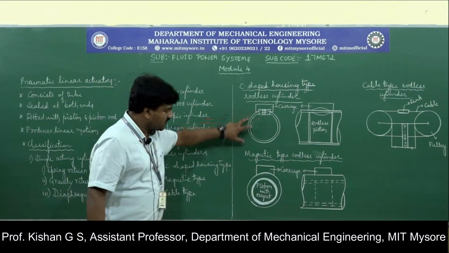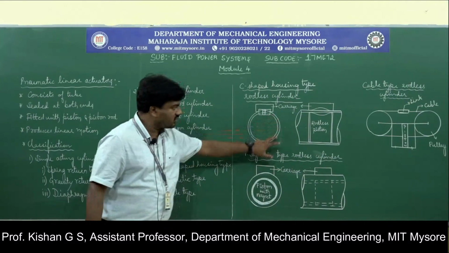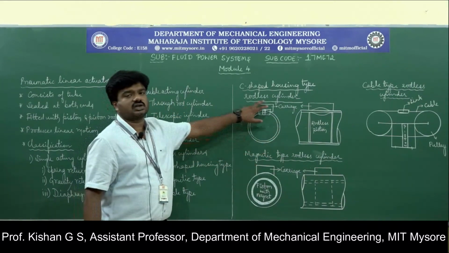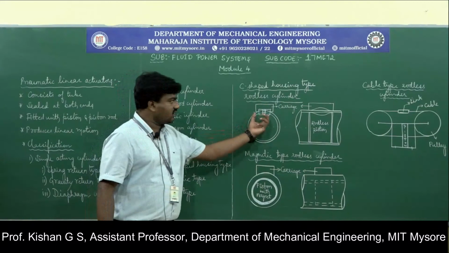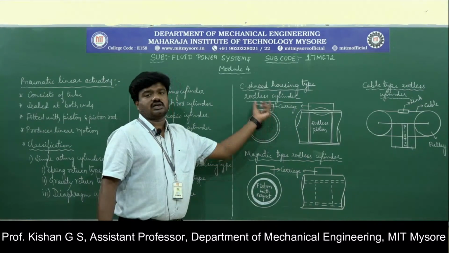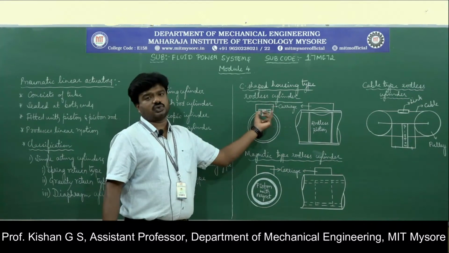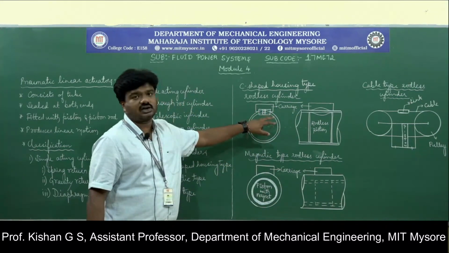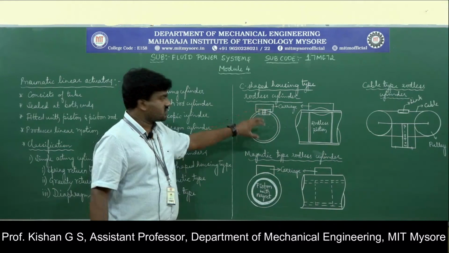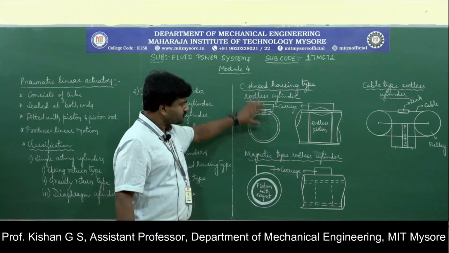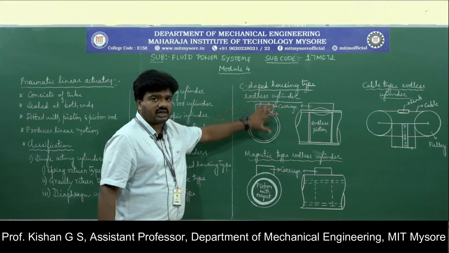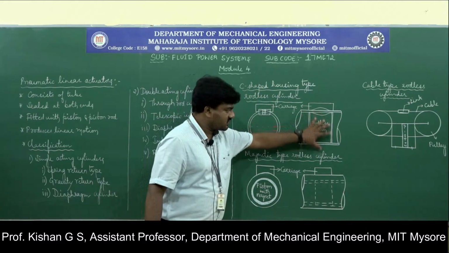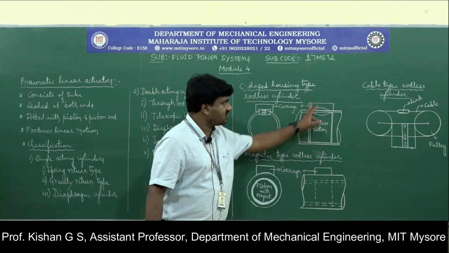If you observe the casing here, the cylinder is almost circular in nature, but at the end there will be a cut portion wherein the carriage assembly is fixed onto it. That means the housing will be of C shape, the capital letter C, and it consists of a carriage assembly. Here, if you observe carefully, we have a rodless piston, which is in line with the carriage.